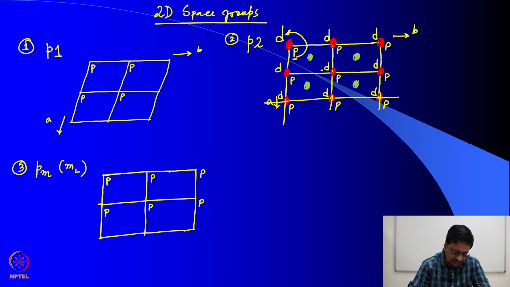And suppose this is my mirror plane which I am drawing as a bold line. So this is a mirror, the longitudinal mirror. So when you have a longitudinal mirror, these objects get reflected as I am drawing now.